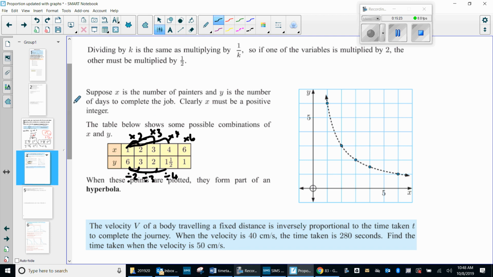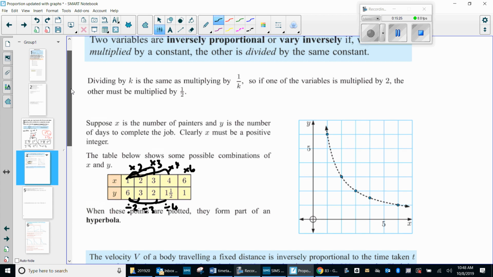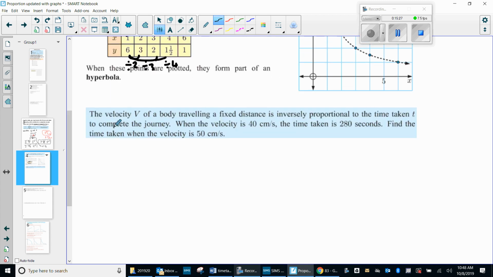Now, the velocity v of a body traveling a fixed distance is inversely proportional to the time taken. The best way of doing inversely proportional is to set it up in a very similar way to what we have done up until now. So, v, I'm going to use v for velocity, is inversely proportional. They've used the word proportional, so I'm going to use my constant of proportionality.